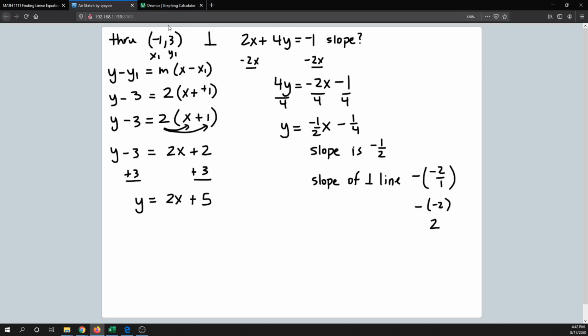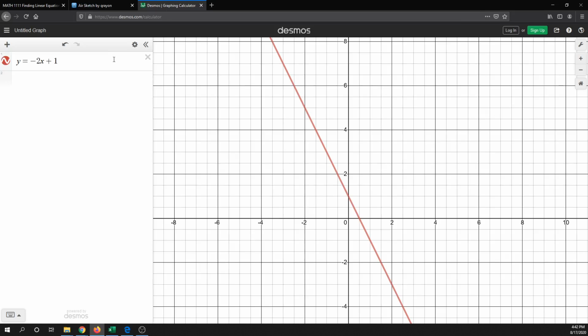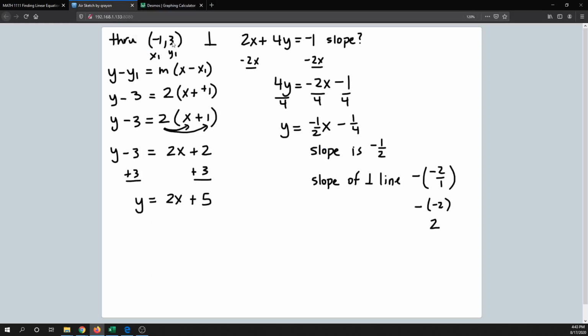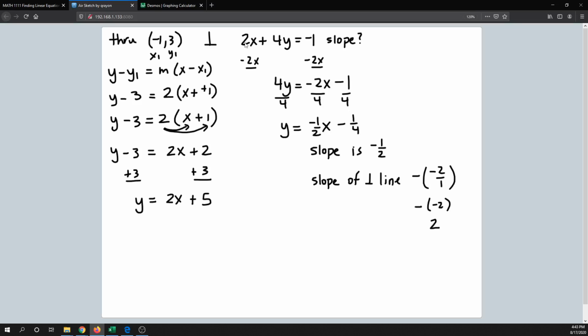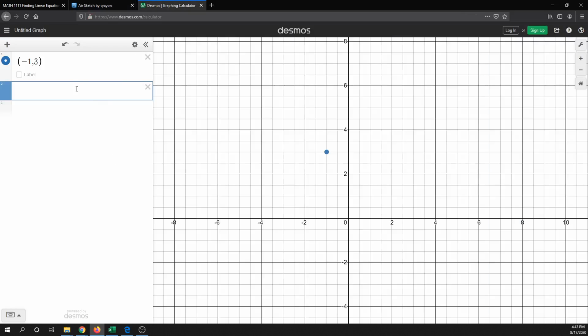Okay, so if I graph this point out, just double checking, minus 1 and 3. Right, that's the point that we had. So 2x plus 5, right? Should go, well, actually, let's graph this line. So we had this line, 2x plus 4y equals minus 1.